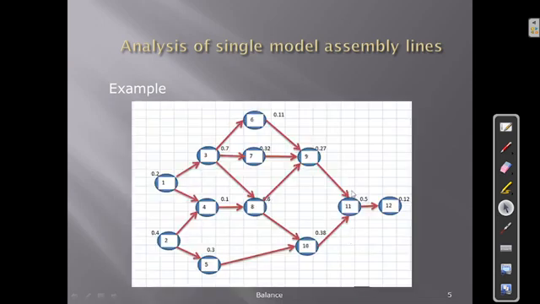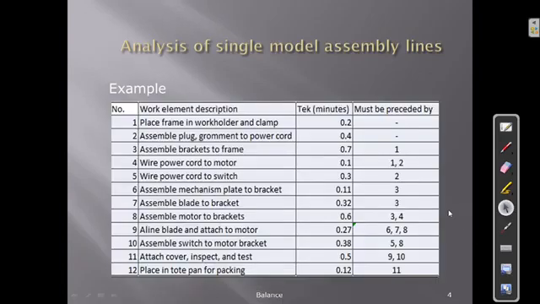Likewise, 11 has only predecessor 9, and 10 has predecessors 8 and 5. Likewise, we draw the diagram. Then finally we have work element 12, which has only one predecessor, which is 11.